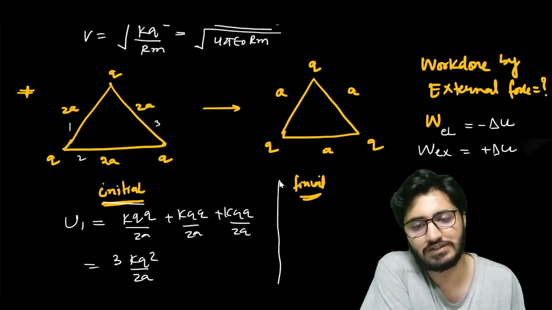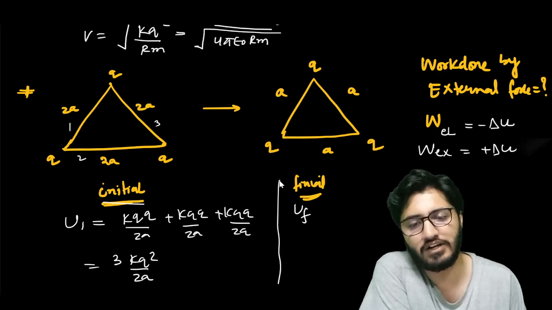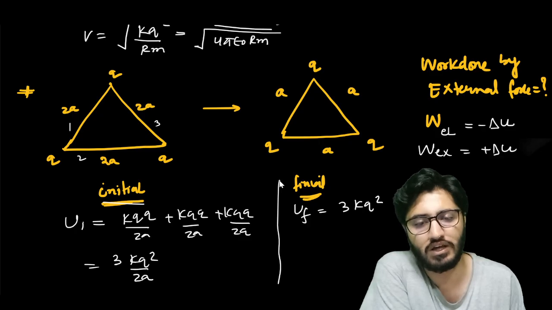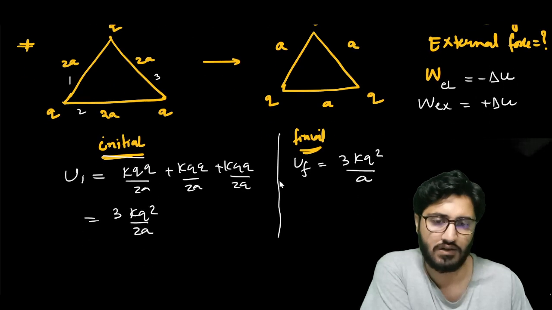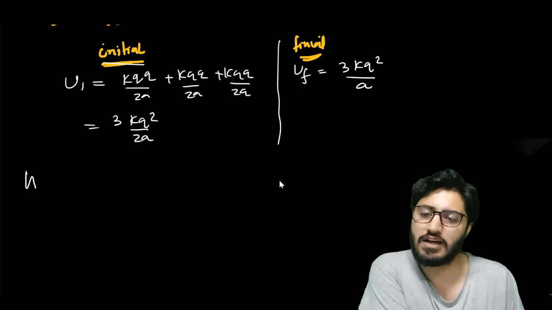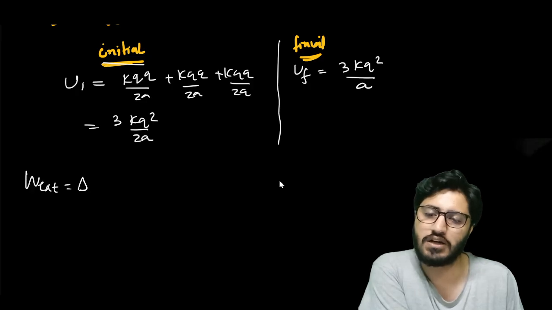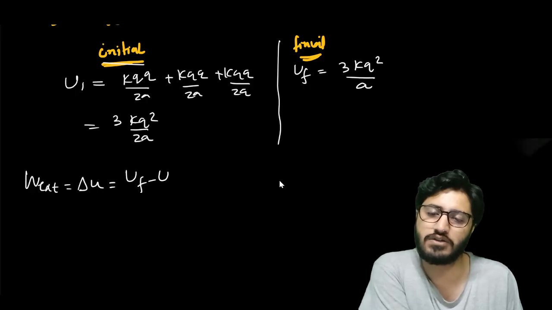So what is U final here? It will be equal to 3KQ square divided by A. Now look, work done by external force will be equal to delta U. Delta U is U final minus U initial.